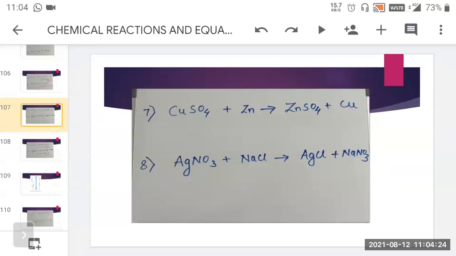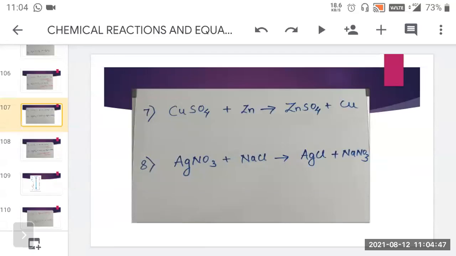So it will not fulfill the criteria for the combination reaction. Then next comes the decomposition reaction, where 1 reactant will be there and it will break down into 2 or 3 products. So here reactants are 2, so 1 reactant is not there. That means the decomposition reaction is also not fulfilled.